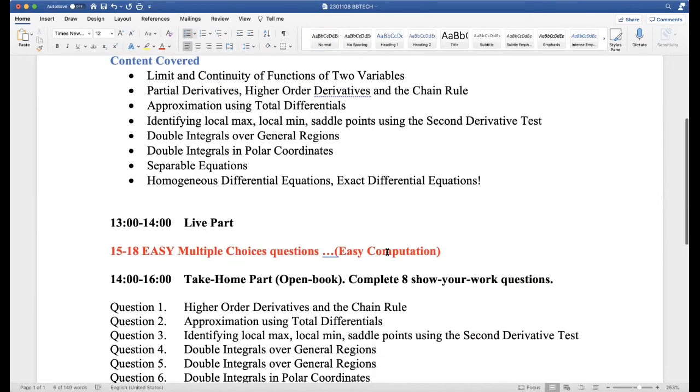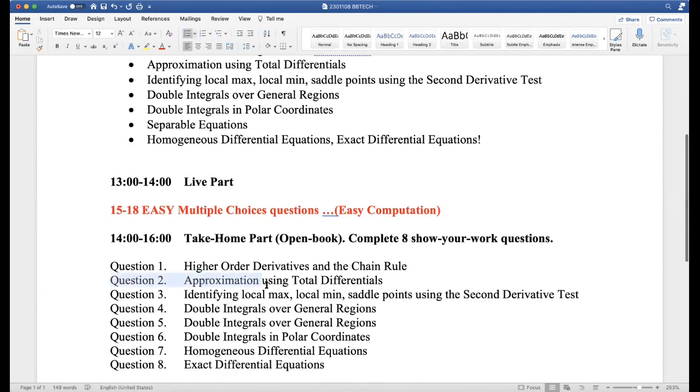Yes. Well, I told you on the question number 2 here, approximation, you need to find approximation. Remember the question I asked you to find, like square root, 3.99 square plus 4.02 square, something similar to that question. You need to use differential, total differential to approximate a function.